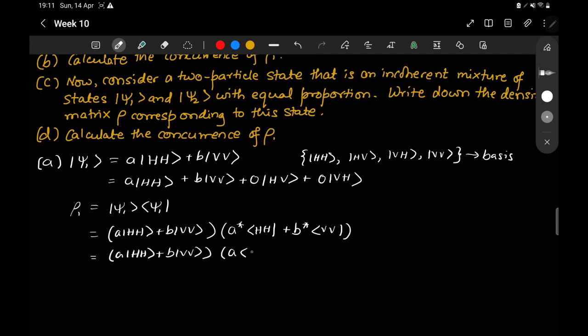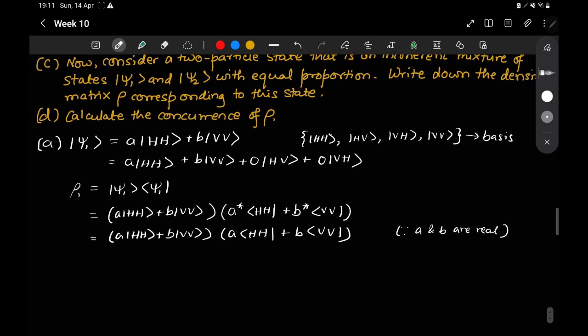Now we are given that A and B are real, so A star is equal to A and B star is equal to B. Now opening up the bracket.